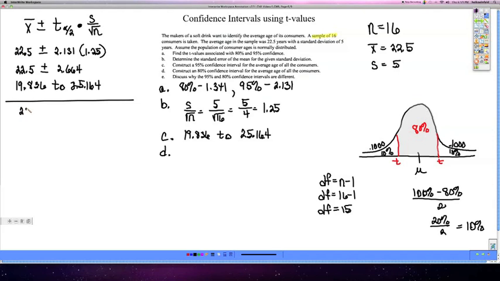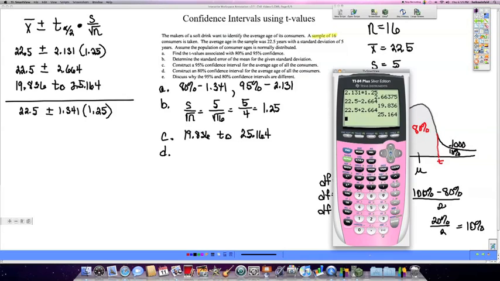So it's the 22.5 plus or minus 1.341 times 1.25. And 1.676 is our margin of error.